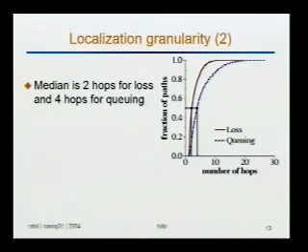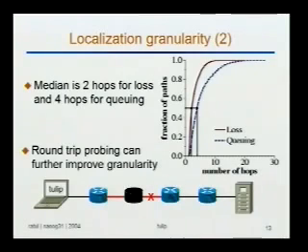And that's the simple reason why we get worse granularity for queuing, even though 90% of the routers we measured do export ICMP timestamps, but only 70% export IP IDs as counters. So the difference comes from the routing idiosyncrasy in the internet. This, I should point out, is a graph if you were doing only forward diagnosis. But in some cases, you can localize the fault even further by doing round-trip probing.